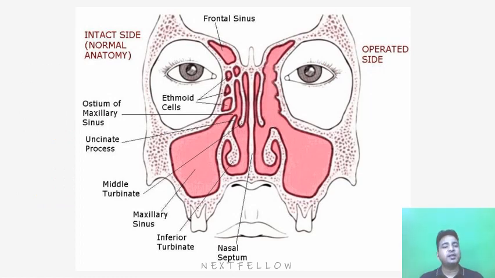Now try to understand it in a better way. We will introduce our endoscope into the nose. So firstly, we will remove the uncinate process. This is the uncinate process. Look at this diagram. Firstly, we will remove the uncinate process.